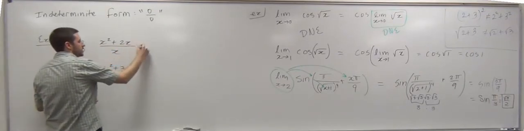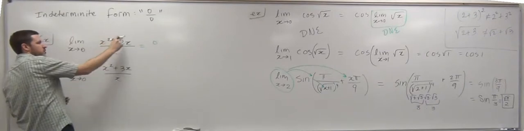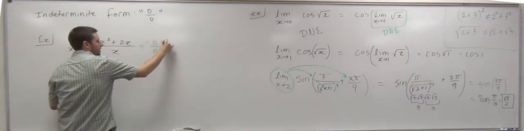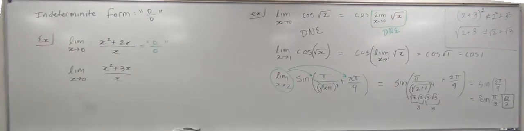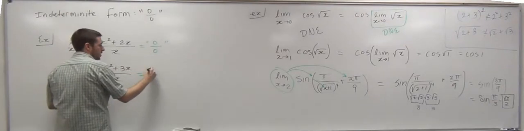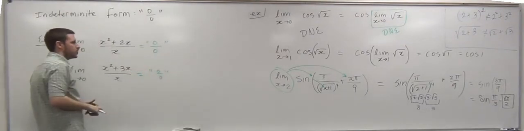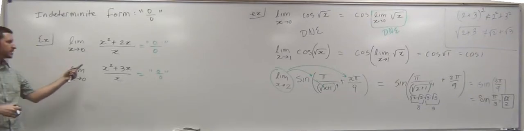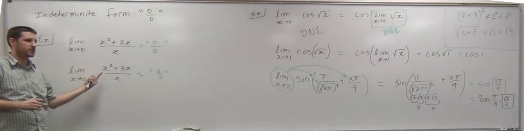Okay, you get 0 on top, right, because 0 squared plus 0 is 0, and you get 0 on bottom. Same thing here. If you try to just plug in 0, you get what we call an indeterminate form. The reason I'm showing you this is because these actually have two different answers.